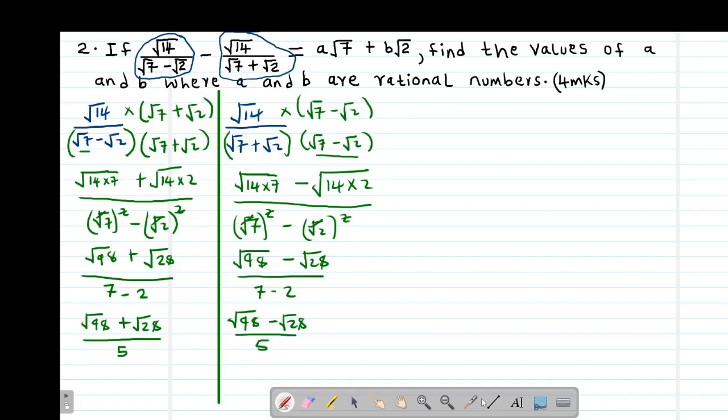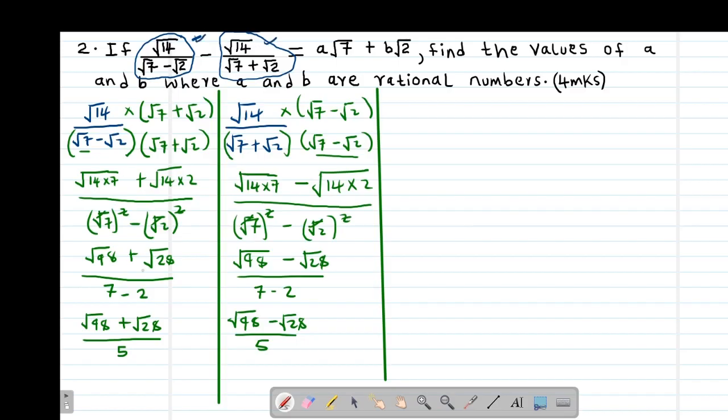But remember the question was that we take the first part, then we subtract the second part. So from the question it was about minus, so this part minus this part here.